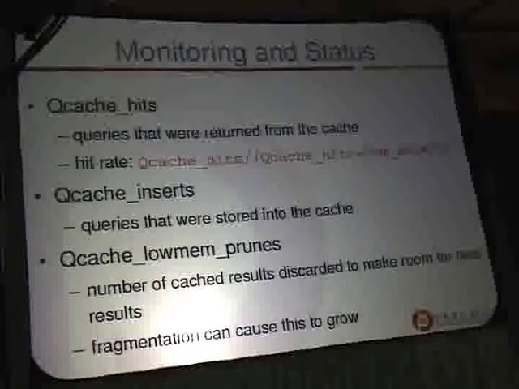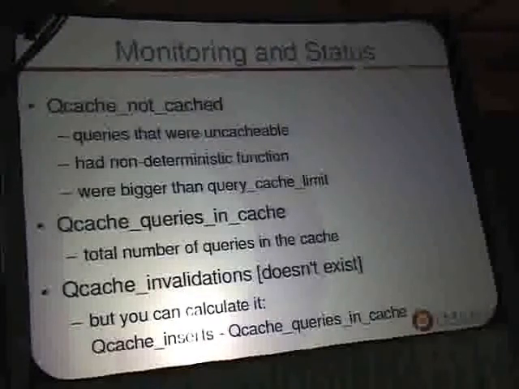And we've gone through the Qcache_inserts and the Qcache_lowmem_prunes. Qcache_not_cached, as I said before, can be incremented by queries that were bigger than query_cache_limit. It can also be incremented by any other kind of uncacheable query, such as one that had the SQL_NO_CACHE hint in it, or if it had a non-deterministic function, such as the current time or something like that in it.